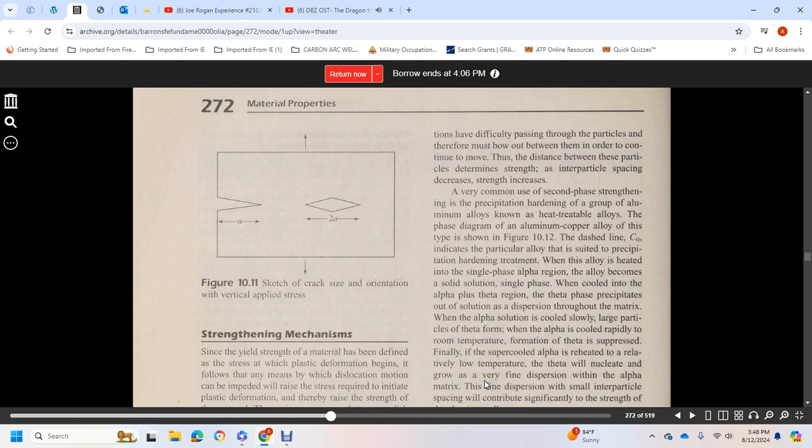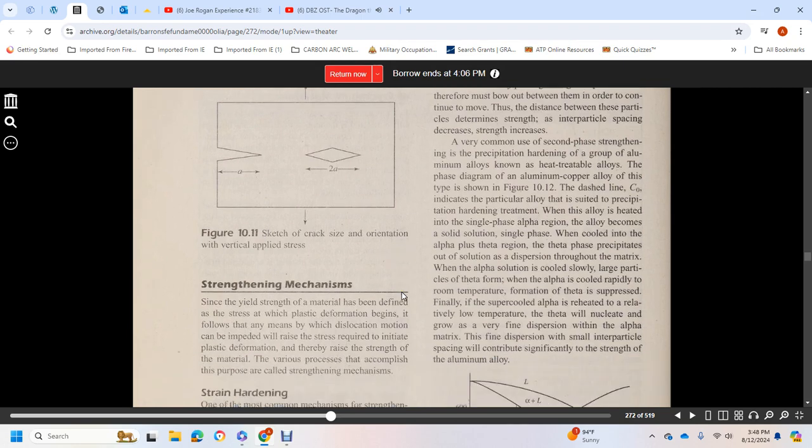The dashed line is C0, and it indicates a particular alloy suited to a precipitation hardening treatment. This alloy is heated until it is in the single phase alpha region and becomes a solid solution. When cooled slowly into the alpha plus theta region, the theta phase precipitates out of solution, forming large particles of theta. If alpha is cooled rapidly to room temperature, the formation of theta is suppressed.